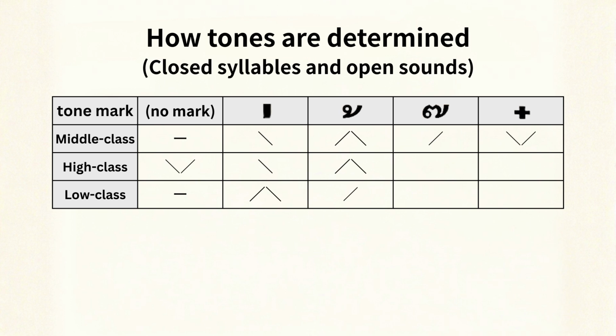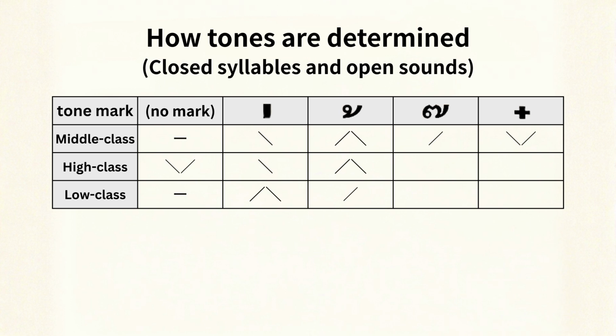Among closed syllables, those that end in the sounds m, n, y, or w, called sonorant endings, follow the same tone rules as open syllables with no final consonant. In other words, for these final consonants, you can simply use the open syllable tone chart to determine the tone.